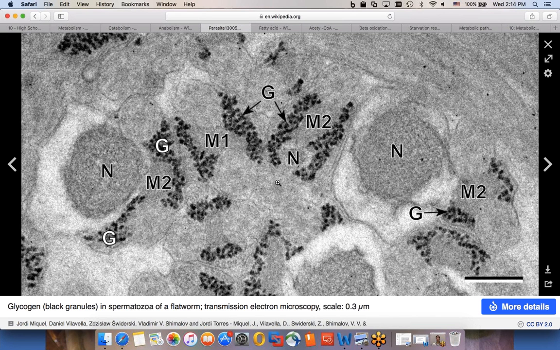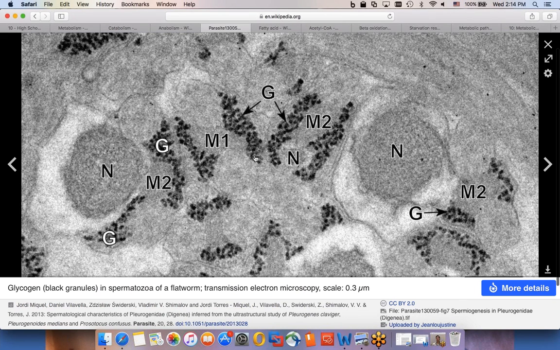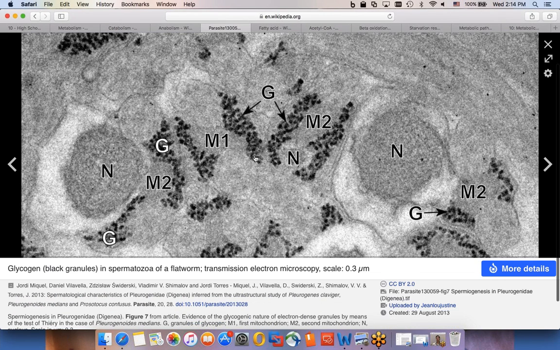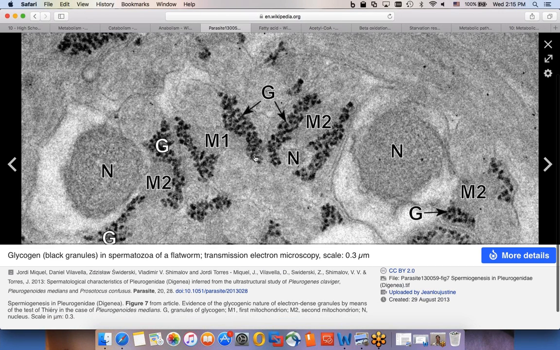Here it has even a picture. All right, and you see this is in a cell. So we see the cell nucleus. Okay, and these areas with G, these are the glycogen granules. Okay, so you see how the granules are stored very close inside the cell, and they are close to the mitochondria.